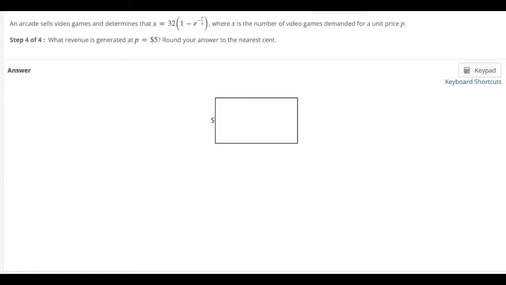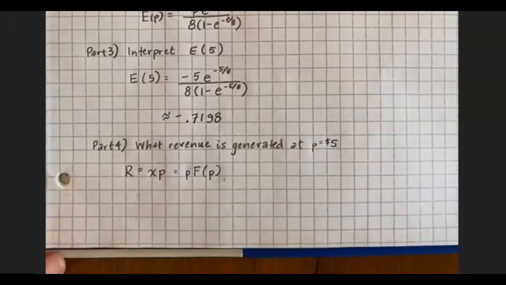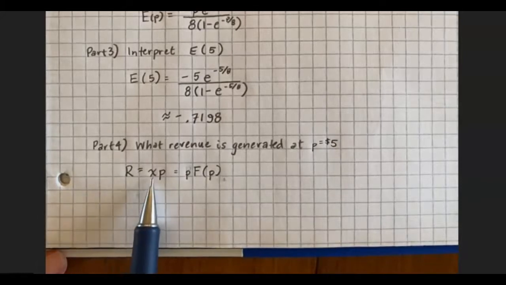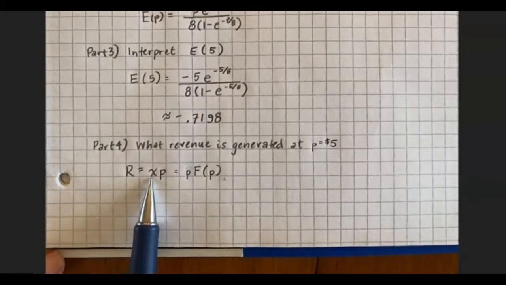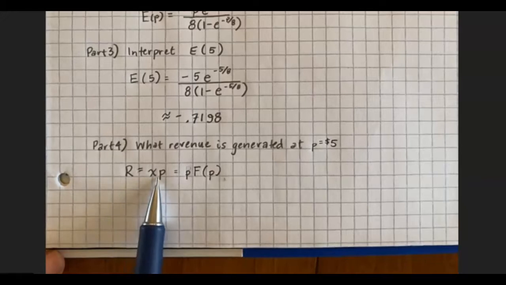Okay, and the final step is to figure out what revenue is generated at P equals $5. Let's go back to the work. All right, so the revenue is just X, the number of units you sell, times P, the price that you sell them for, just like always.